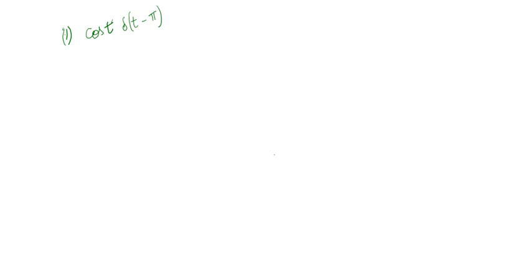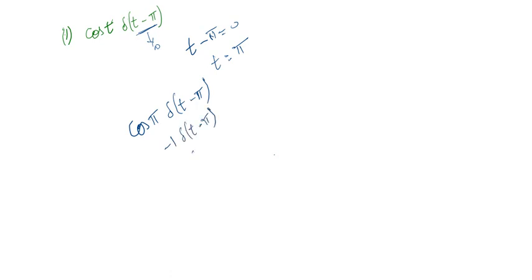So t minus pi should be equal to 0, that is t equal to pi. So cos pi is minus 1, times delta of t minus pi. So the answer is minus delta of t minus pi.